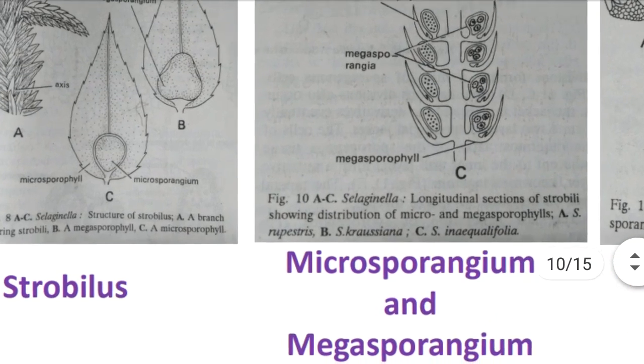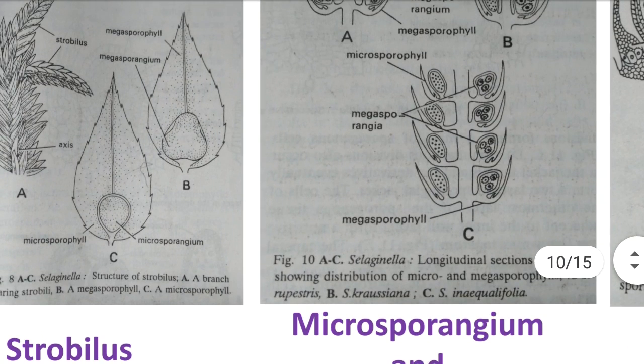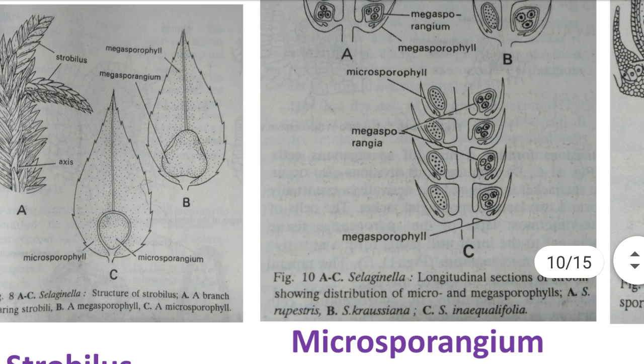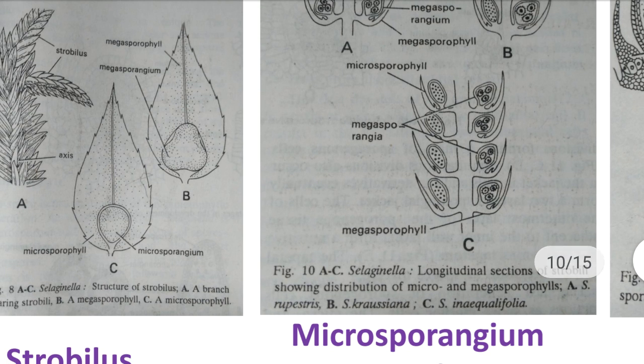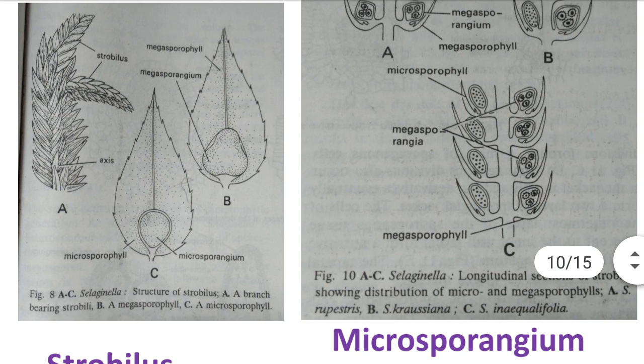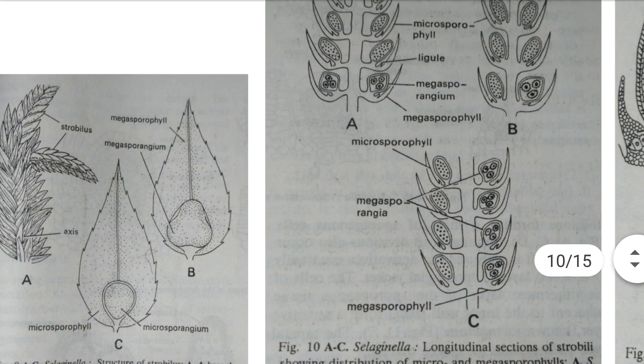Sorry, B diagram is the megasporangium diagram. It produces 4 megaspores, and C diagram is the diagram of microsporangium. It produces many microspores. So this is the difference.